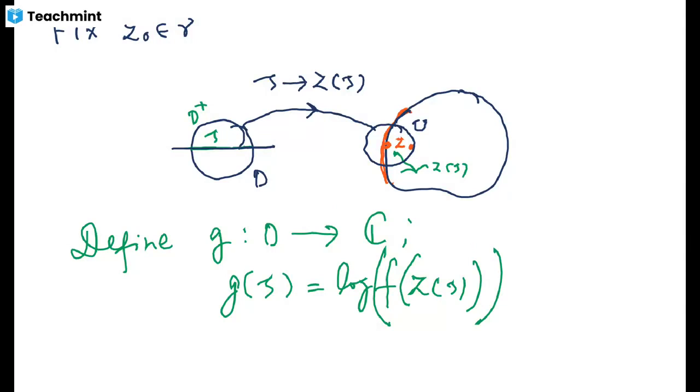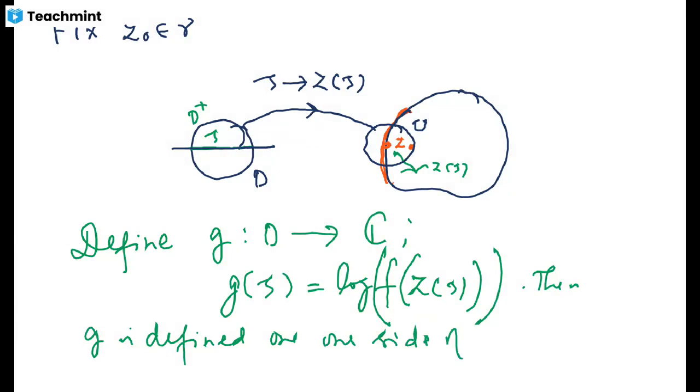It is then g is defined on one side of this disk. It can be the upper half or the lower half of this disk, depending upon which part is mapped onto the part of U which lies inside the domain D. So it is defined there.